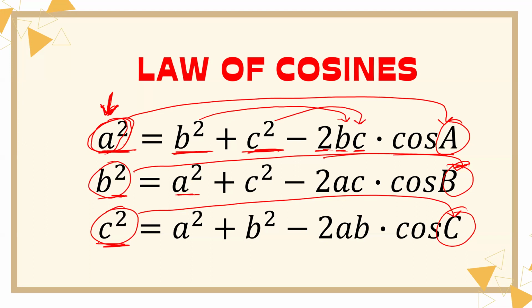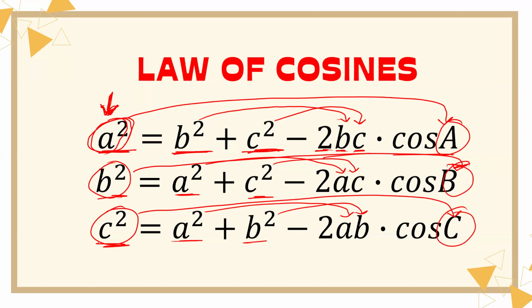In our next example, if you have a squared and c squared, you'll have negative 2 times a and c. Okay, if you have a squared plus b squared, you have negative 2 times a times b. Okay, so it's a little complicated, but if you see the pattern on how to write this equation, then you will find it much easier when we do problem solving later.